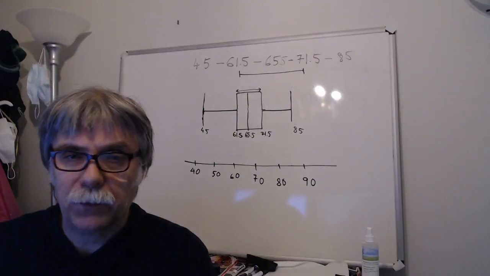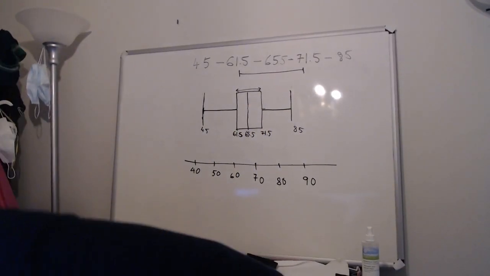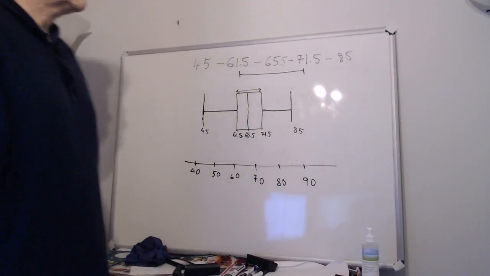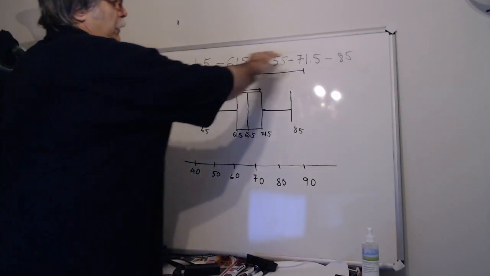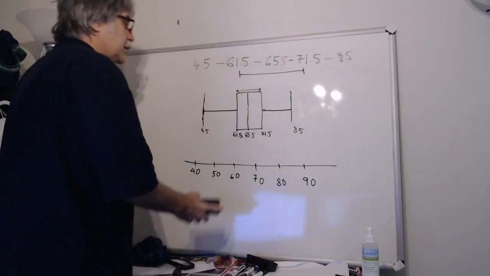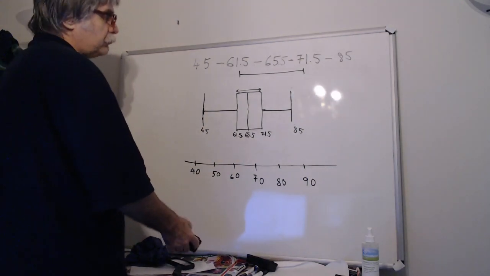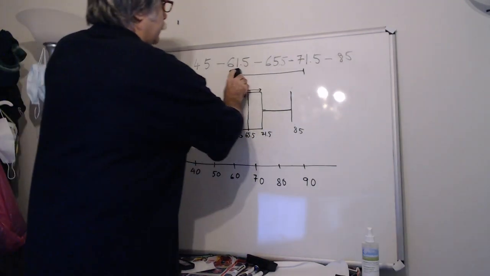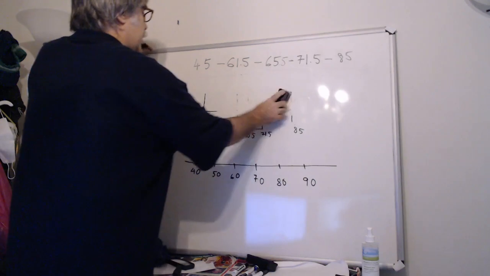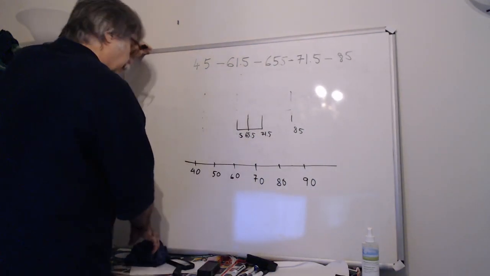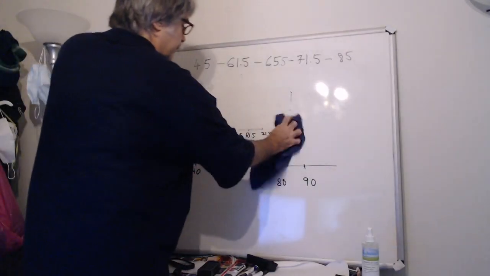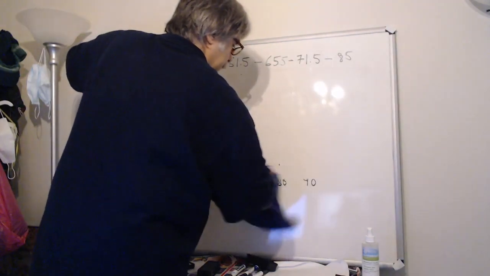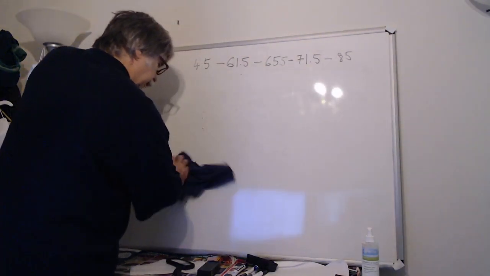So in this sample we have the 5-point summary and the interquartile range that is between 61.5 and 71.5. So I'm trying to determine what the outlier would be.